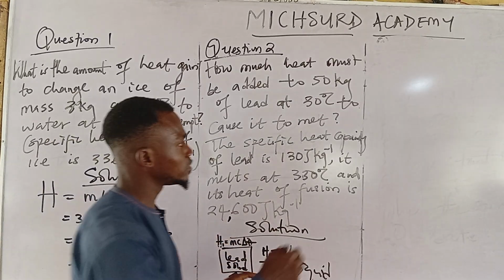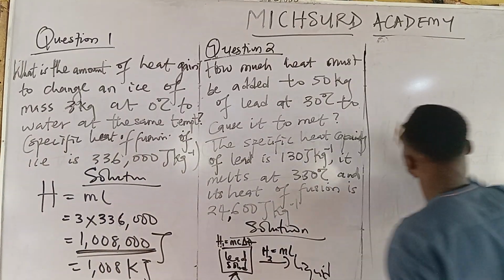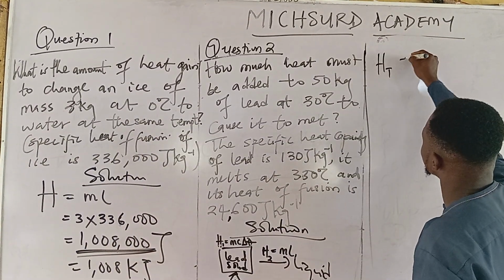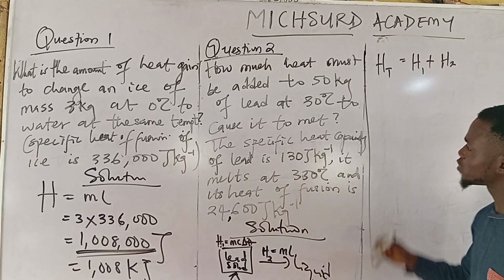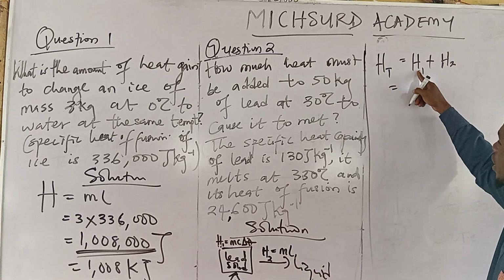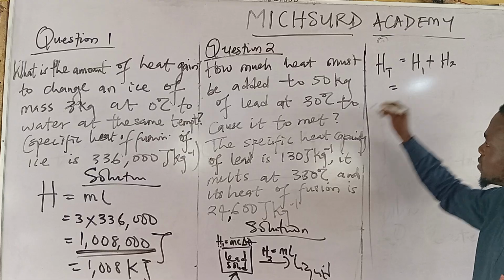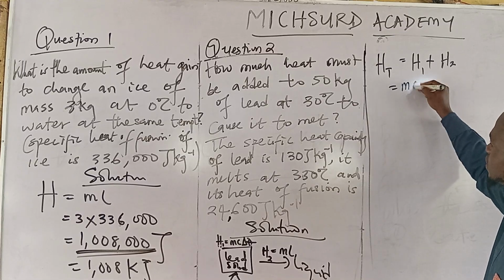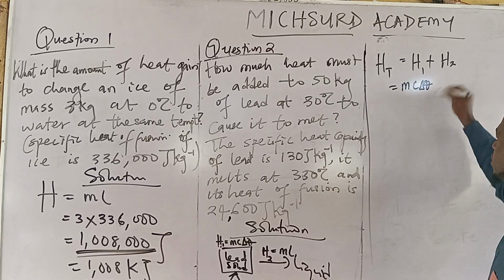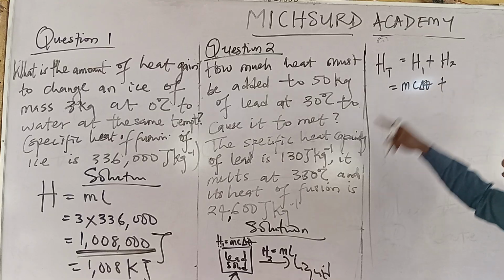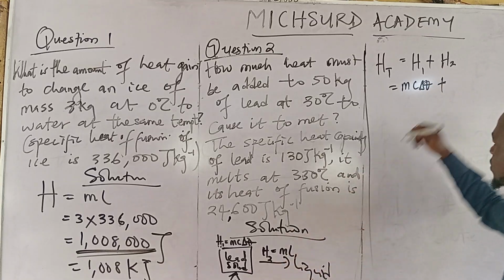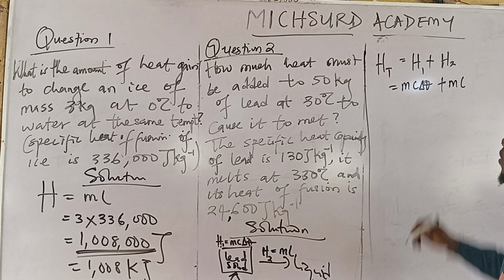So the total heat Ht is equal to H1 plus H2, where H1 is the normal heat required, which is mc change in theta, plus H2, which is the latent heat, ml.